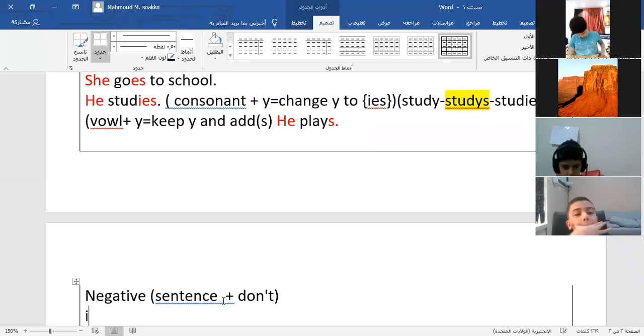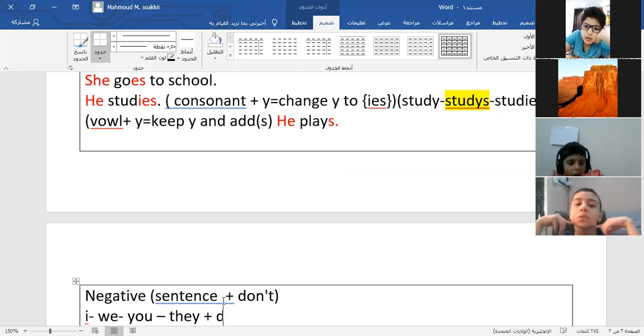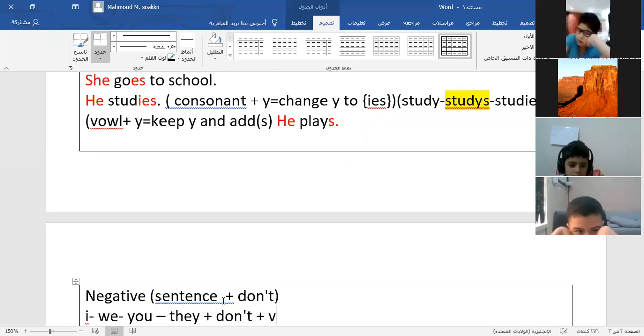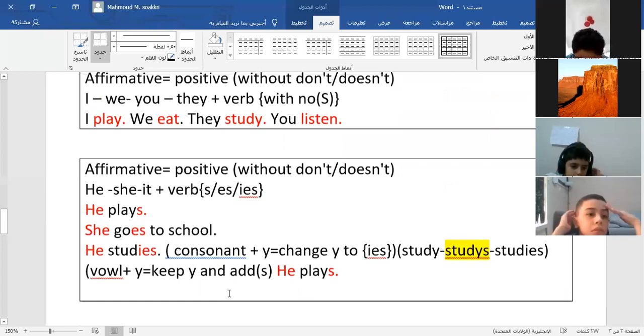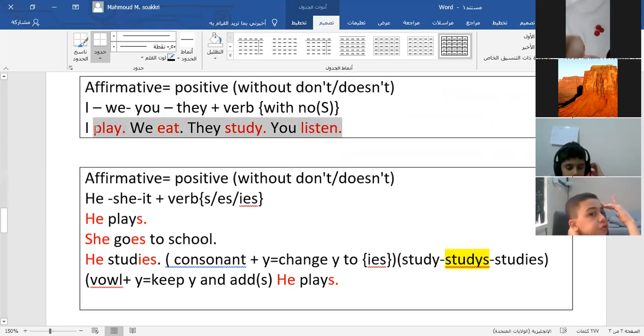The rule says with I, we, you, and they use don't plus the verb. Let's take examples. Let's take these three sentences and change them into negative.